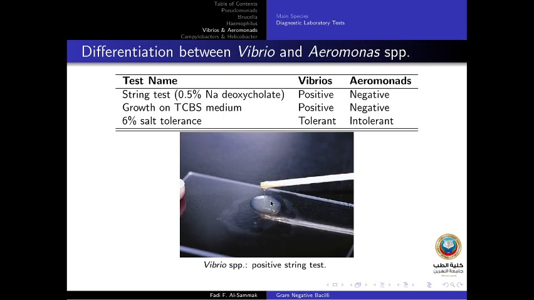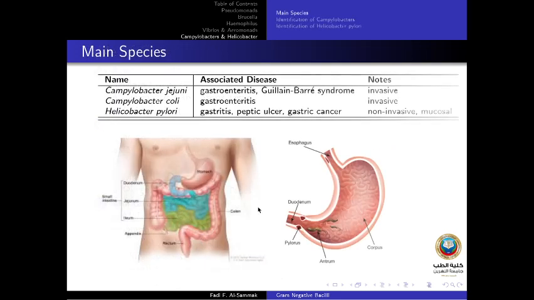If you apply the stick and a string forms because of the mucoid nature, then it is positive, and this indicates Vibrio infection, not Aeromonas. Again, growth on TCBS is only positive for Vibrio, but not Aeromonas. And tolerance of 6% salt is only seen in Vibrios, but not in Aeromonas, which are intolerant to that percentage of salt. So in this image, we see a positive string test, used to identify cholera.